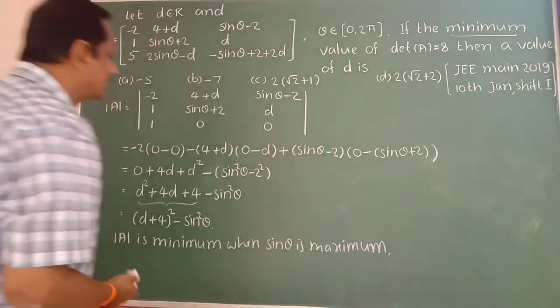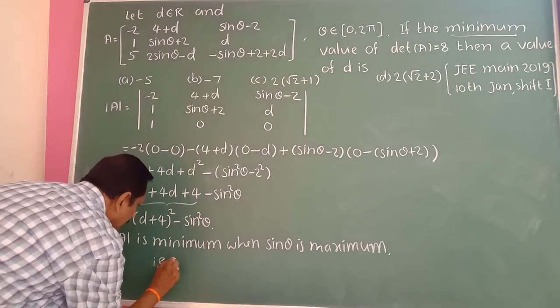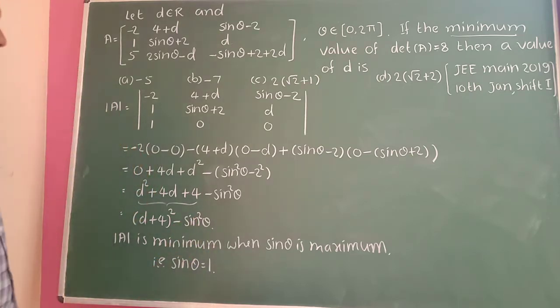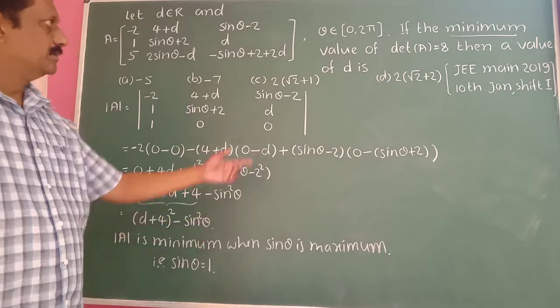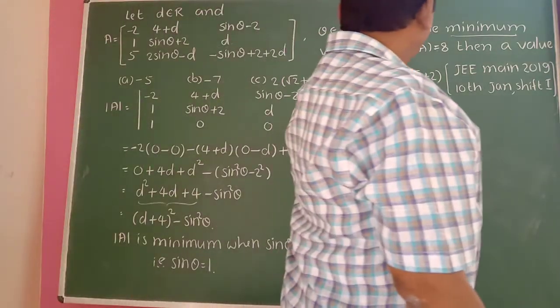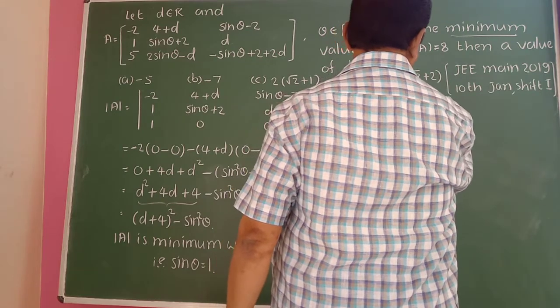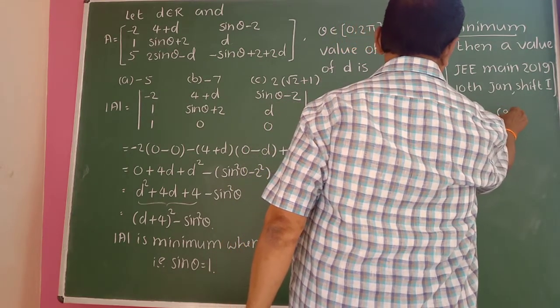When sin theta is a maximum, sin theta takes value 1 here, because maximum value is 1 only. So this becomes 1 here. They are already given a minimum value, determinant of A is 8 here. Okay. So determinant of A is equal to 8 here. They are already given here.